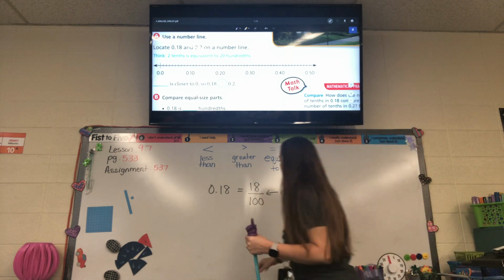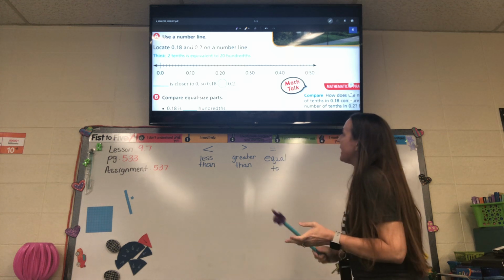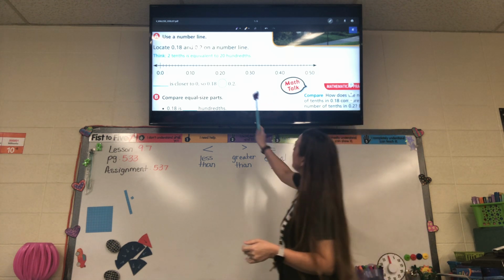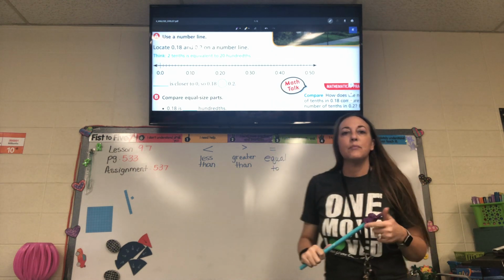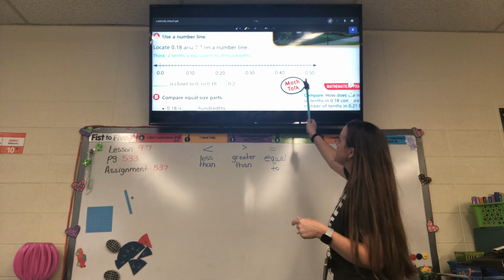All right. Another way you can do that is to locate 18/100 and 2/10 on a number line. This number line is broken into hundredths, and it goes up to 50 hundredths.